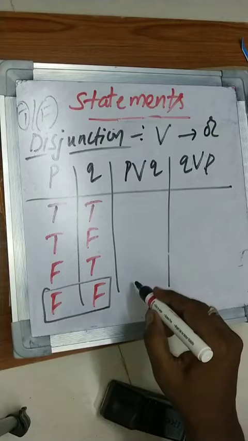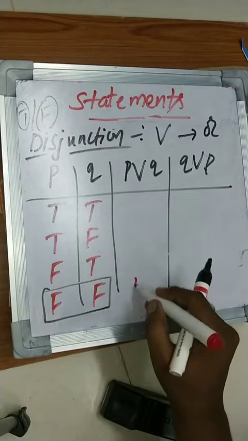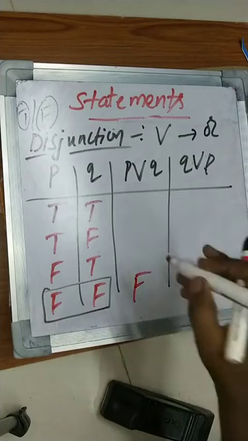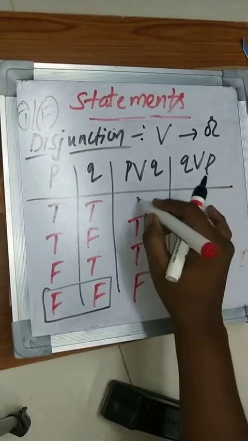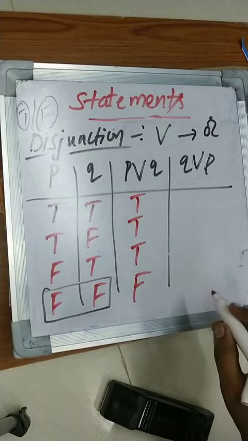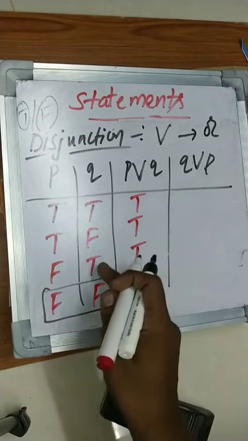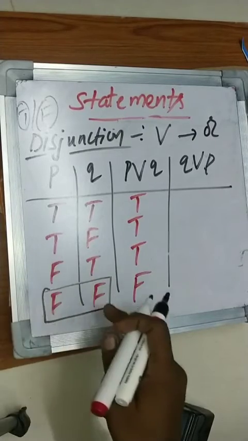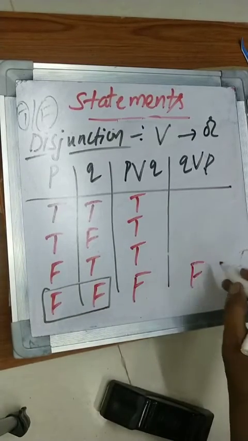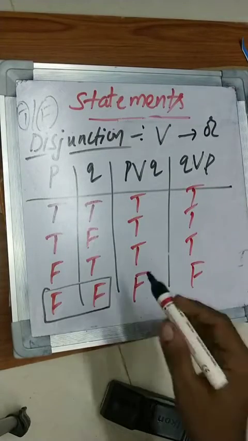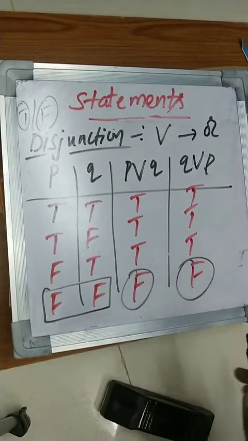So here only you will get false. Then what about the remaining? In the remaining places you will get true only. Same in Q or P also, here also the same position you will have a false and the remaining will be true. So in these two positions only you got false.